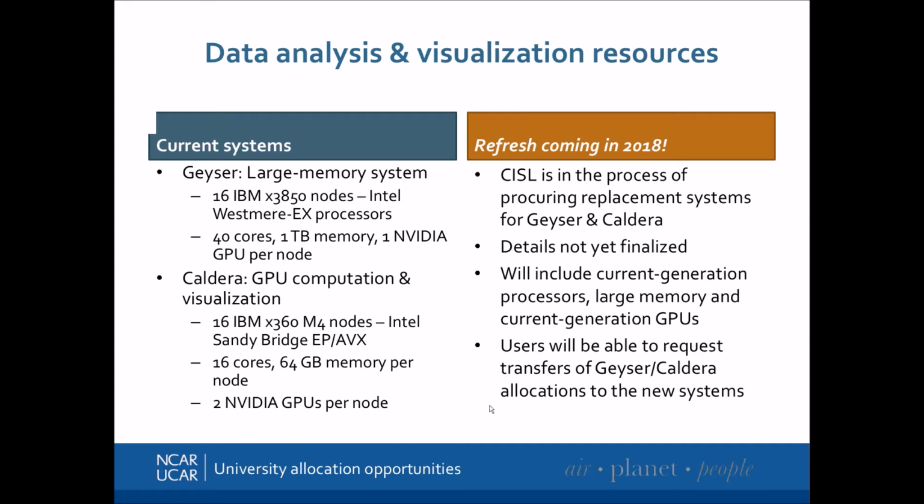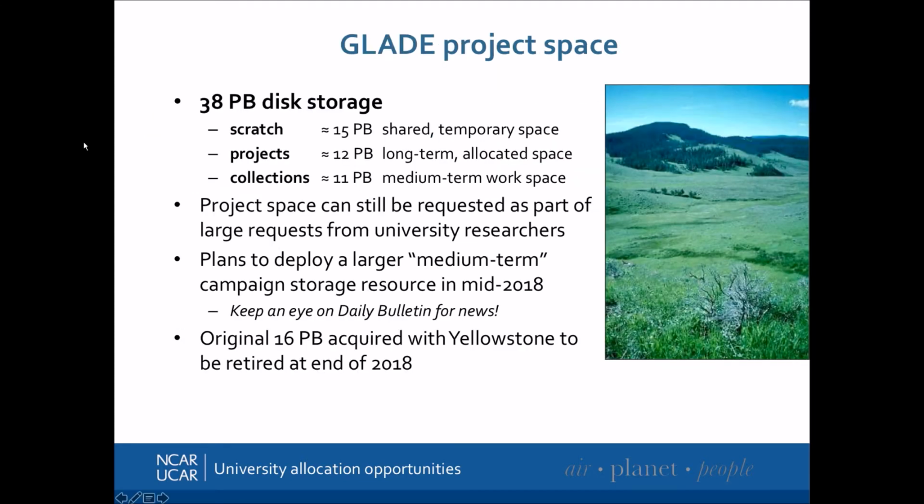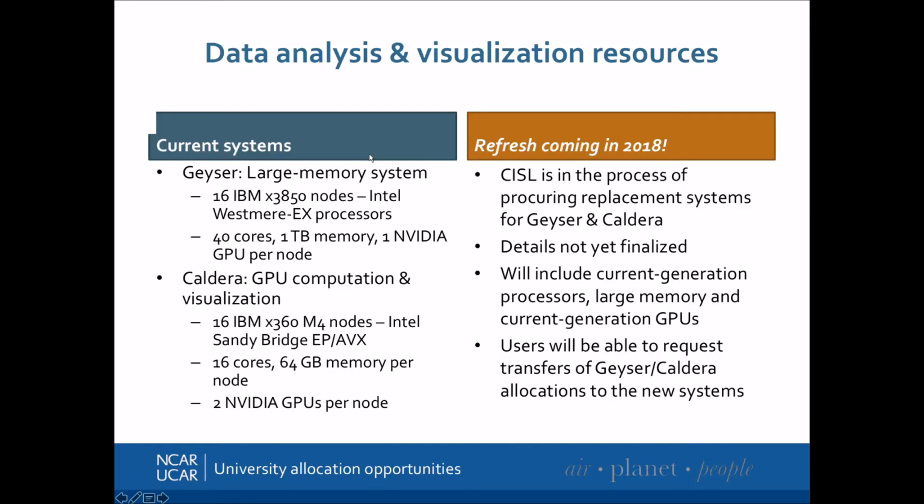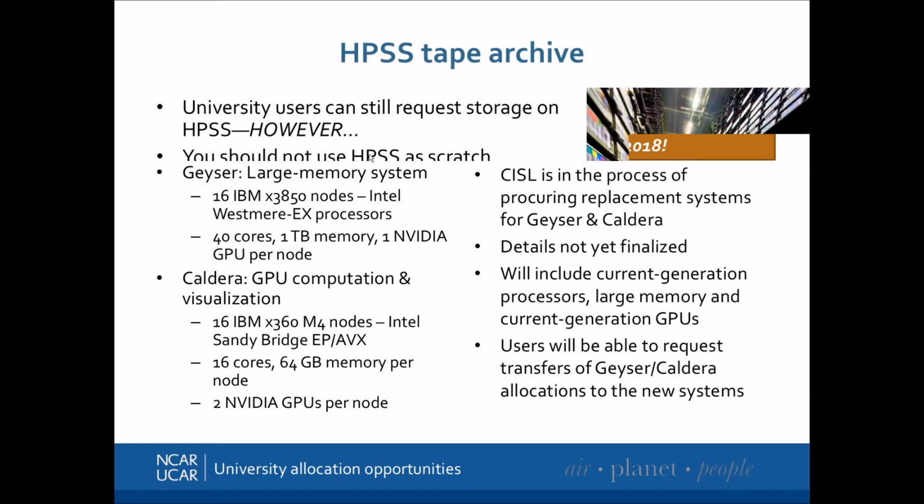The new systems will include current generation processors, large memory, and current generation GPUs. For the moment, though, you'll be requesting Geyser and Caldera time, and once the new resources are available, you'll be able to ask for transfers to those new resources. So stay tuned again for more news there.